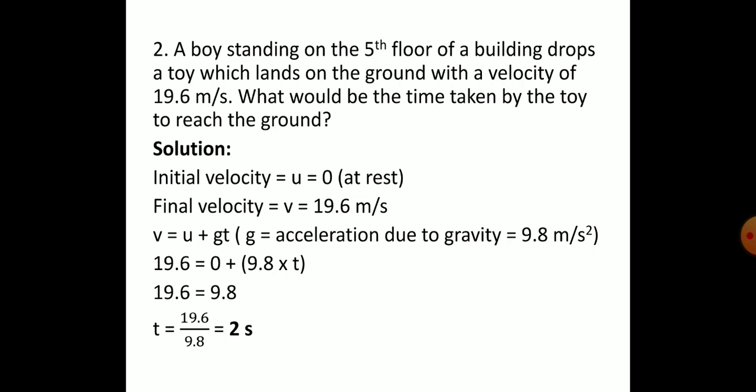According to the decimal division, I can remove the decimal points first by multiplying the numerator by 10 and the denominator also by 10, so it will become 196 by 98. Now 98 into 2 will give me 196, so that is why you get the time as 2 seconds. So the toy will reach the ground in 2 seconds.